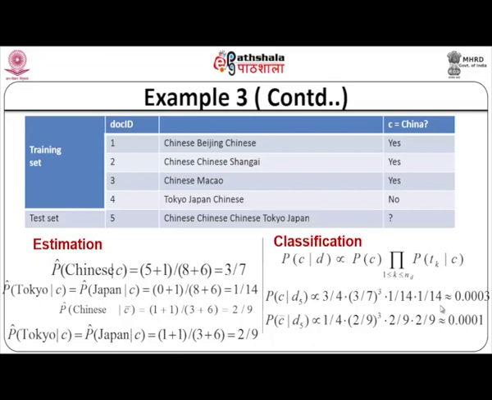Why the whole cube? Because of the words. We have done the calculation before, and you find that for C, that is Chinese, you get a probability of 0.3, and for not Chinese you get 0.1. So, this is the example.